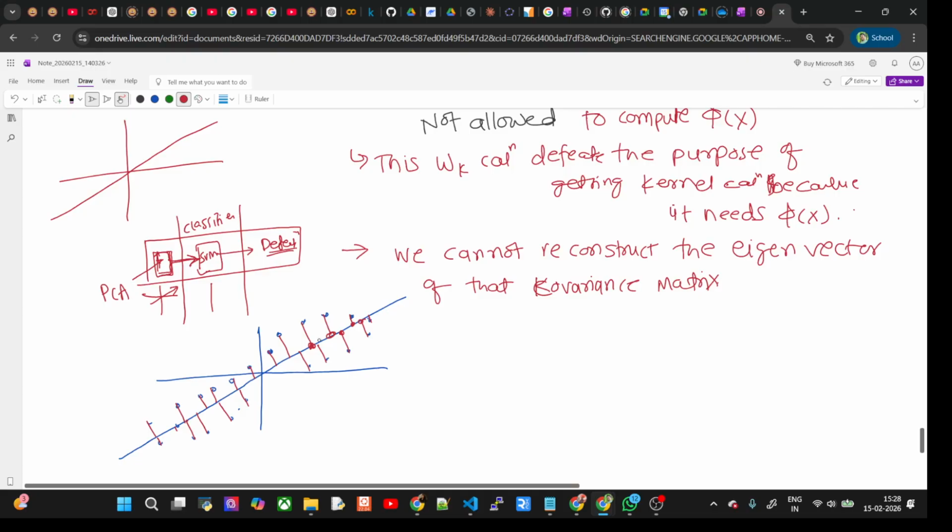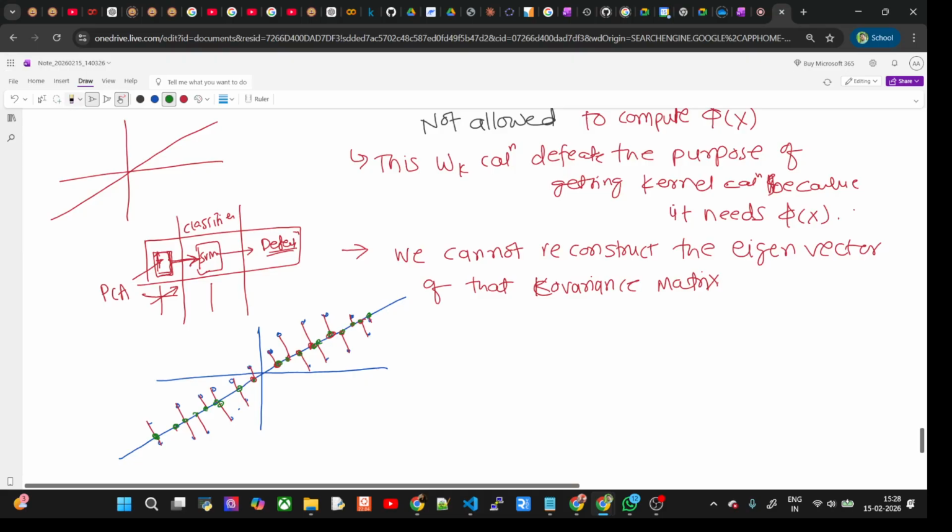Once you get the projections, you are now forgetting about the actual points.